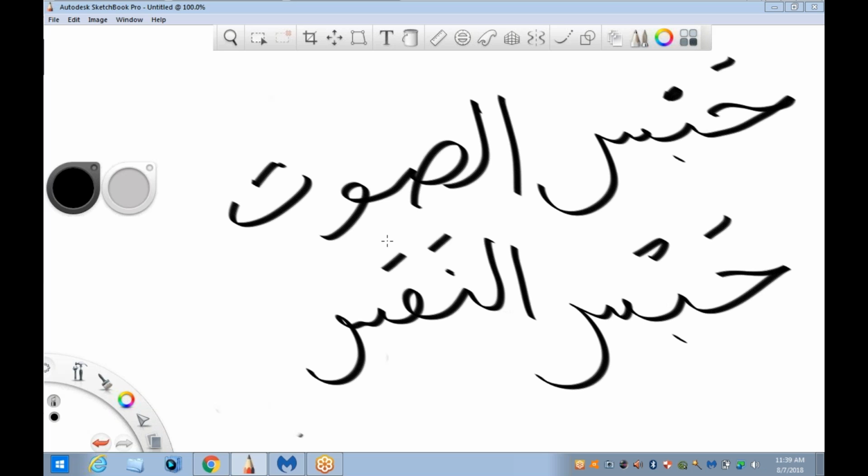There's a difference. There are letters where the sound flows and there is no air in it, like yukazibun, yukaz. That letter, the dal: the sound flows, no air.